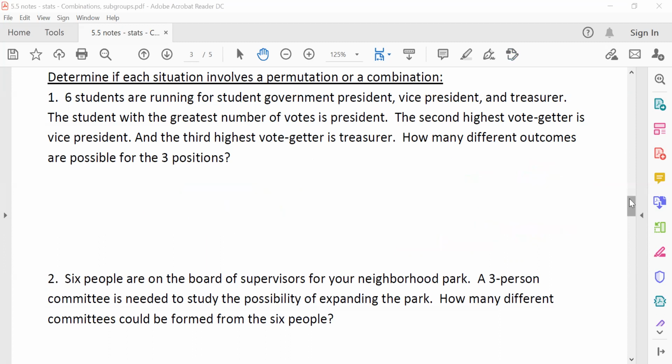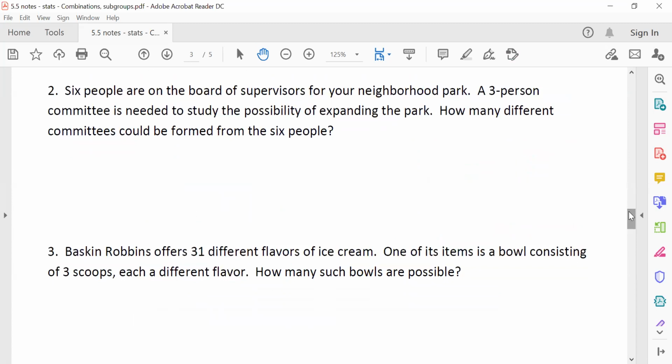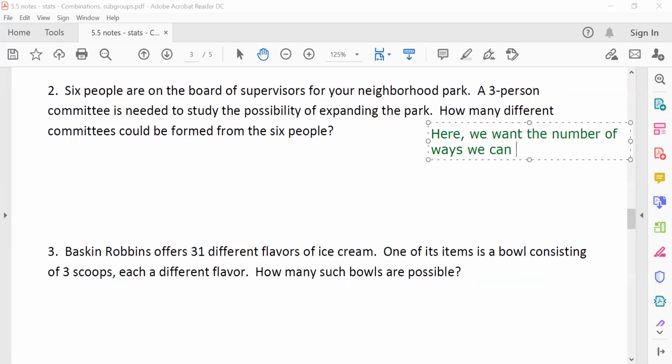Let's look at this next one. 6 people are on the board of supervisors for your neighborhood park. A 3-person committee is needed to study the possibility of expanding the park. How many committees could be formed? Here, it's a combination. Here, we want the number of ways we can pick a group of 3 from a larger pool of 6 objects.